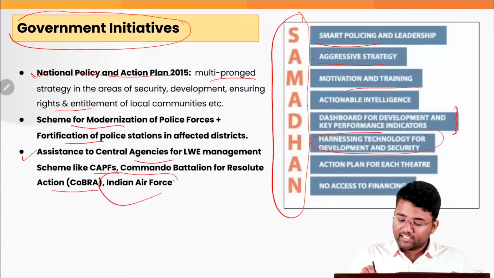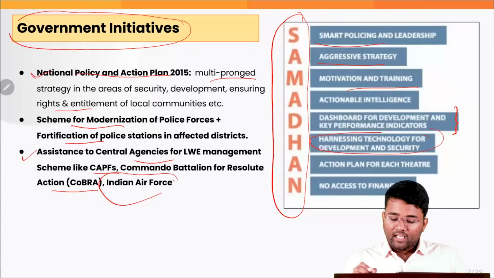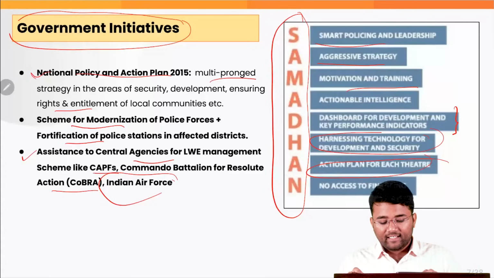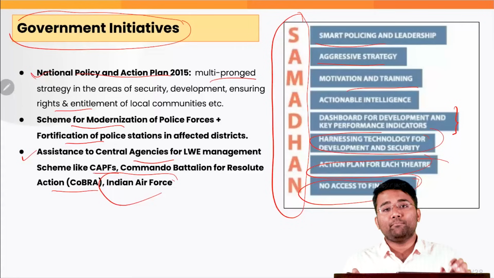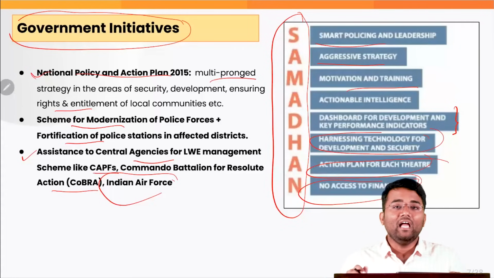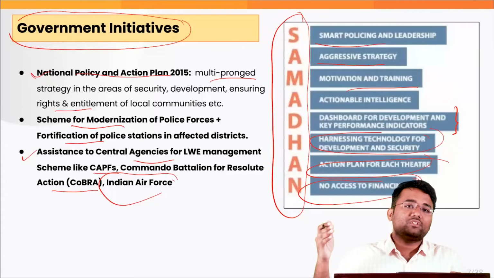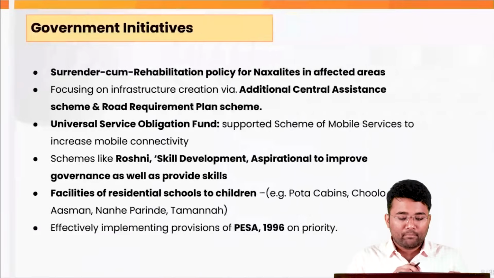Then H for Harnessing Technology for development and security, A for Action Plan for each theater, and N for No access to financing for these Naxalites. We have to cut the financing and various other support that they were getting from mainstream people.